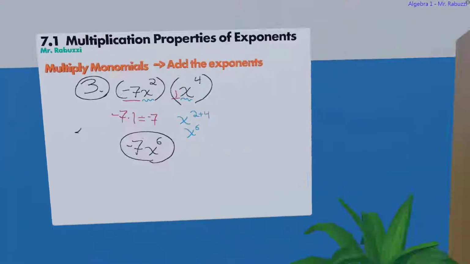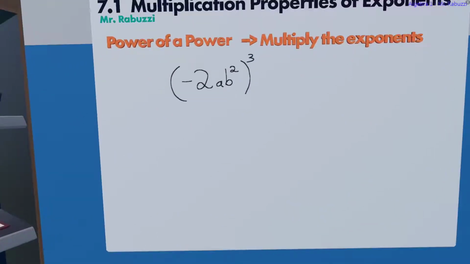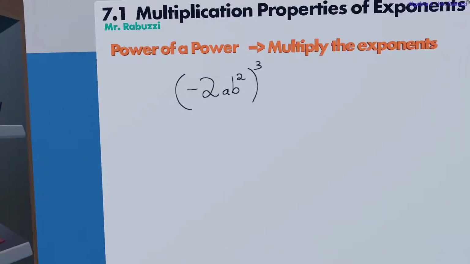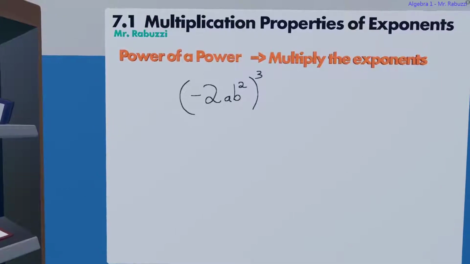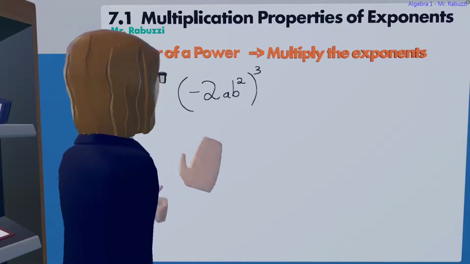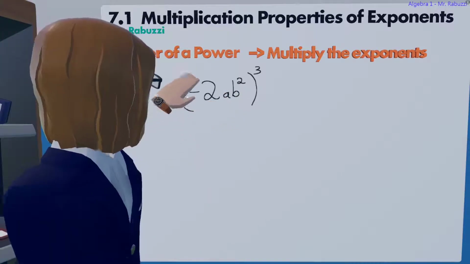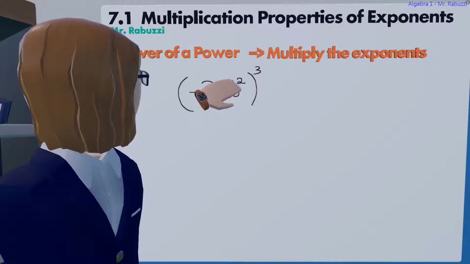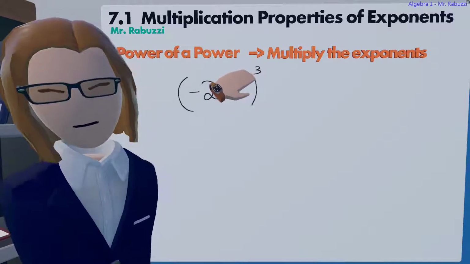Okay, last board for today. Now, we have some problems where we have a power of a power. So look at my example here. We have a nice monomial, has an exponent, and here we have another exponent.